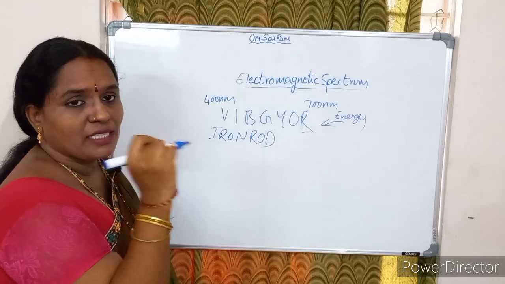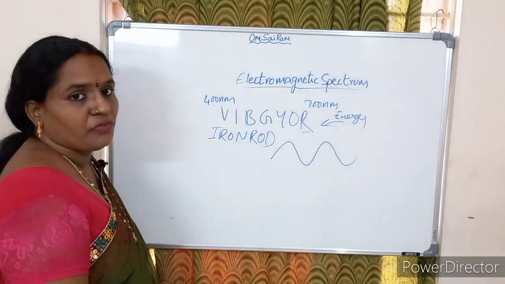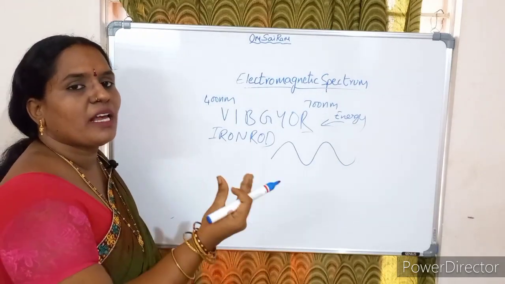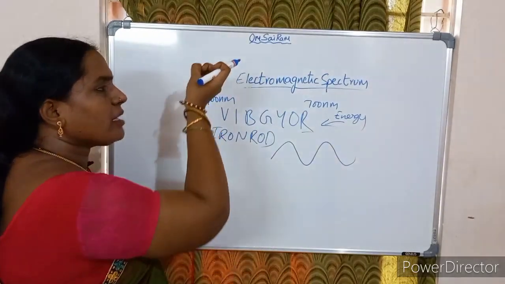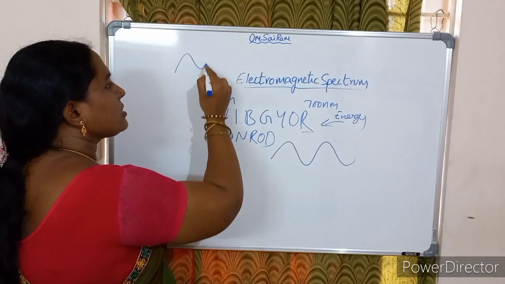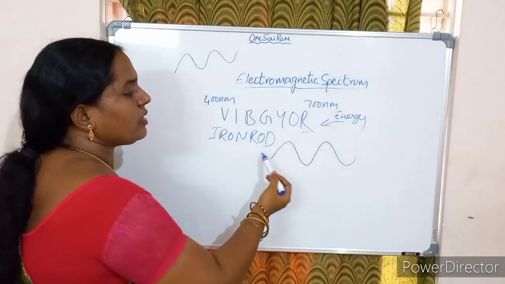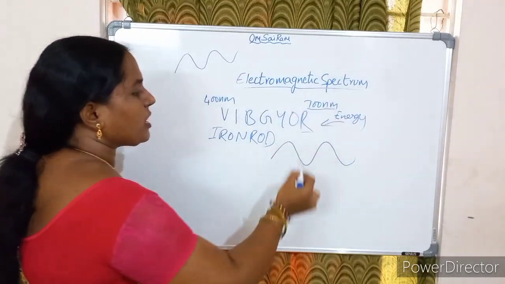If the energy is less, the wavelength will be more. If energy is less, disturbance will be less. If an elastic band is pulled with low energy, what happens? We can see the waves. Bigger waves, meaning high wavelength, 700 nanometers.